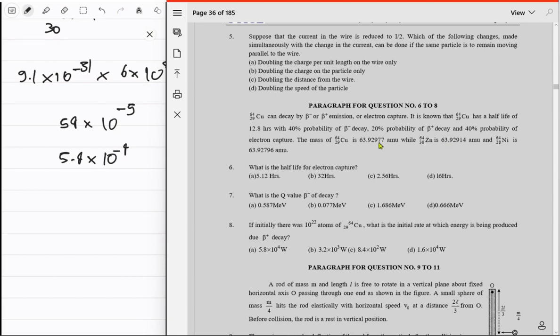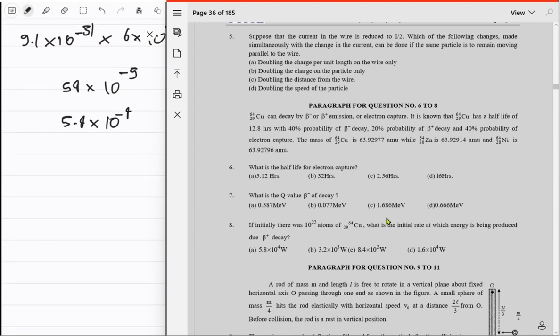You want this mass minus this mass plus this mass, that's the Q value, right? Or was it this times c square? Oh, you want it in energy, fine, we have to do it.